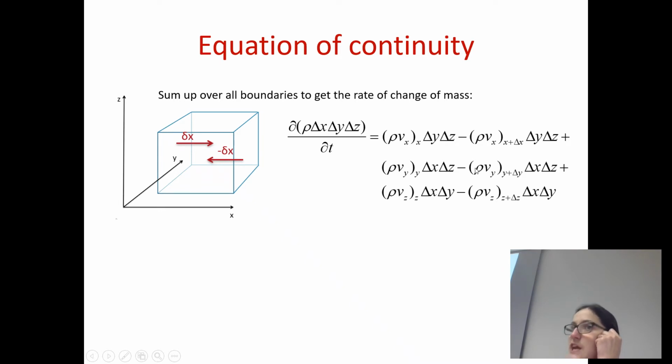There's no way to change mass if I don't have a reaction inside, and we are not assuming any reactions right now inside. It's just a fluid. It's a continuous phase. Nothing's changing. Then the only way to change mass in that box is to go in through the sides or possibly leave through the sides. Either way, I gotta go orthogonally to the sides to actually change anything.